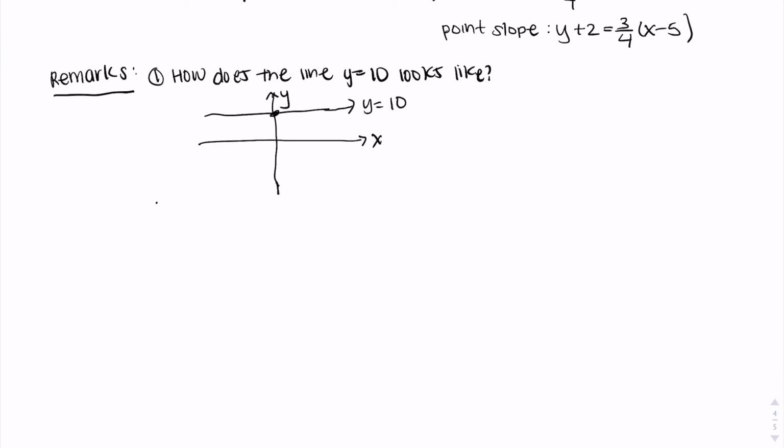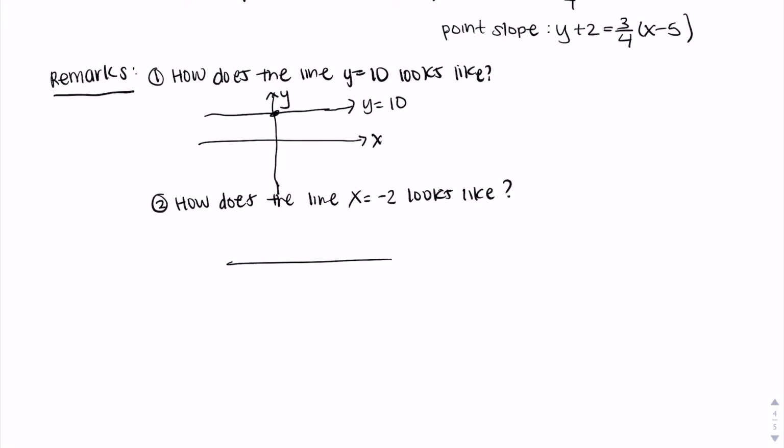So then how does the line x equals negative 2 look like? It would be something like this.